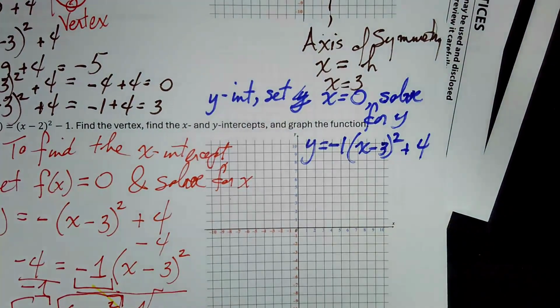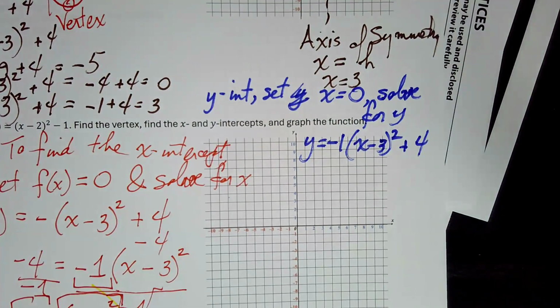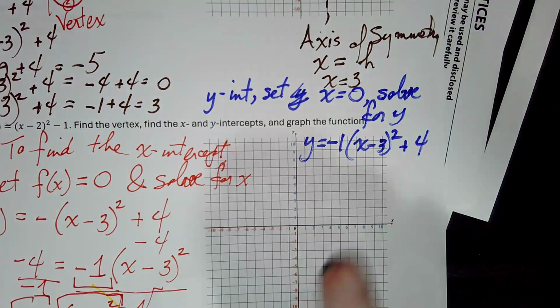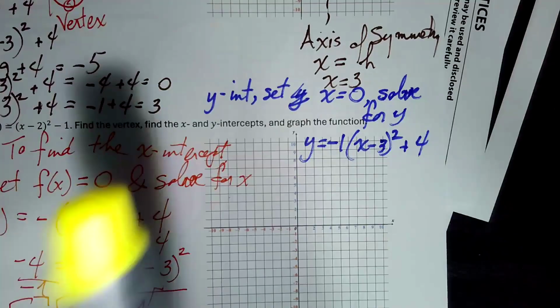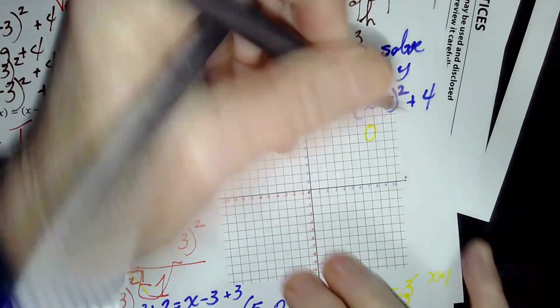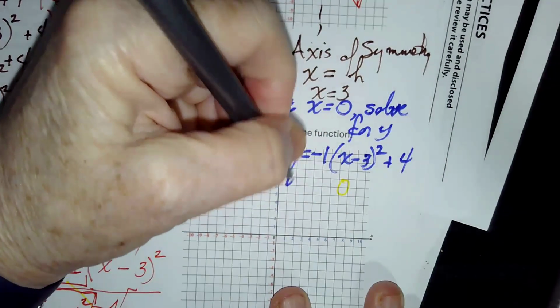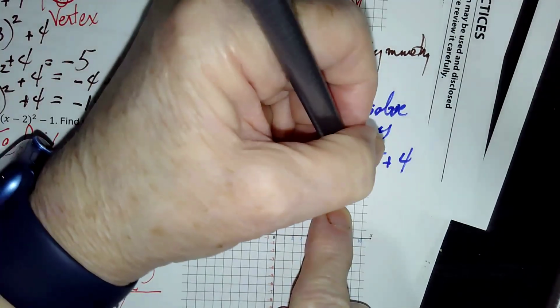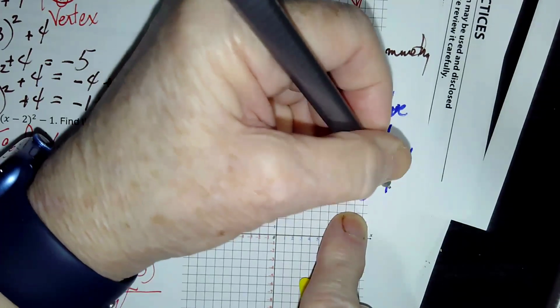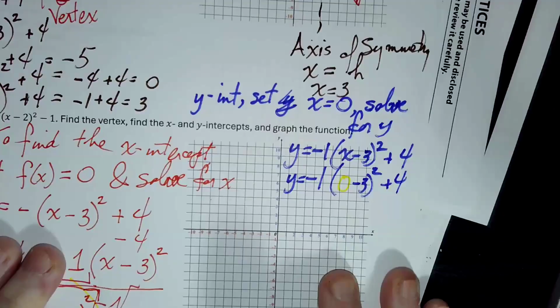And what am I setting equal to 0 this time? Which variable is going to be 0 this time? X. Good. So we've got y is equal to negative 1 times (0 minus 3) all squared plus 4.